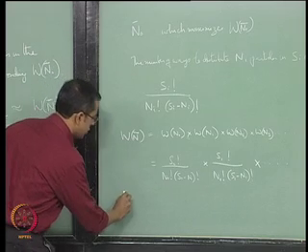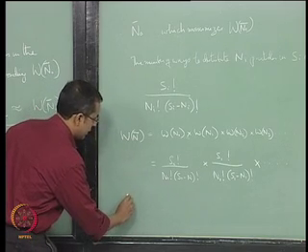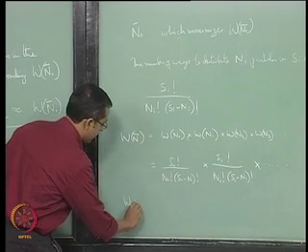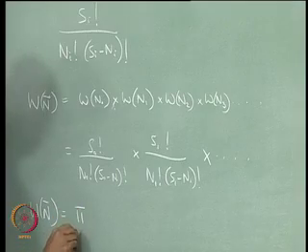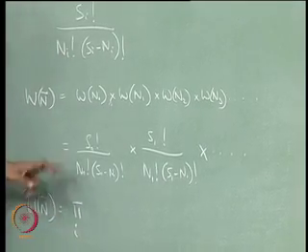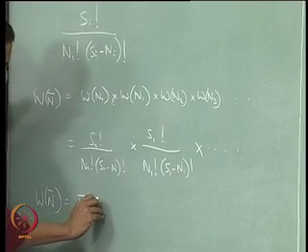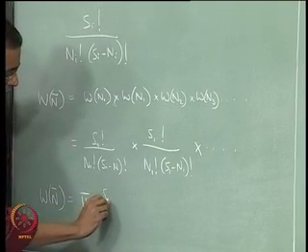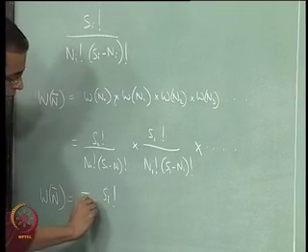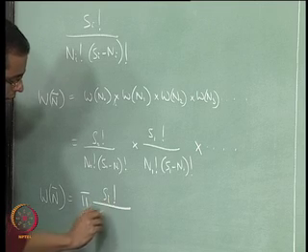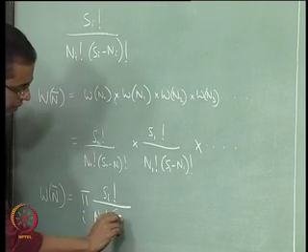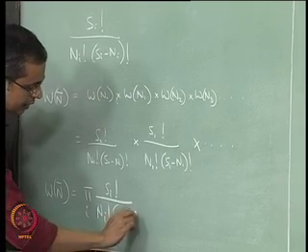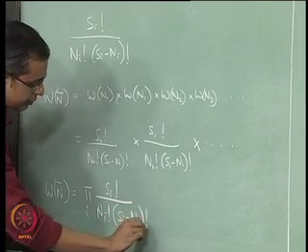So if you want to write it in a simplified notation, we simply write W of n bar is pi over i, just the way you would use sigma for a sum, we use pi for a product, of Si factorial by Ni factorial times Si minus Ni factorial.